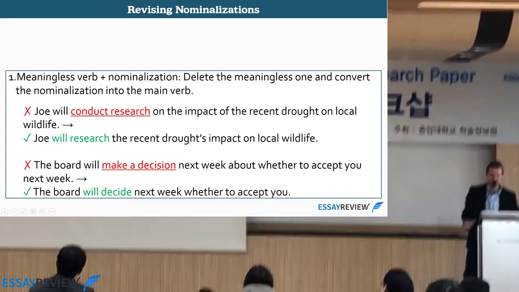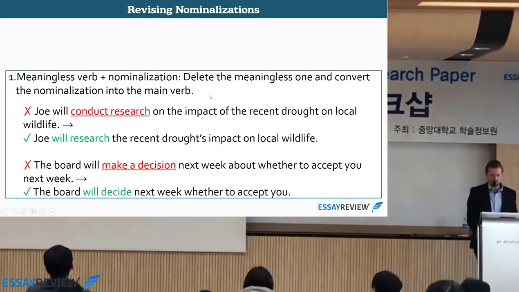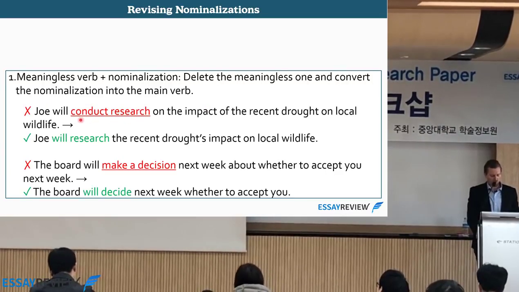So you have extra words, and it's not really academic writing. So you want to delete the meaningless verb and convert the nominalization to a main verb. So let's look at this. Instead of Joe will conduct research on the impact, Joe will research the recent drought's impact on local wildlife.